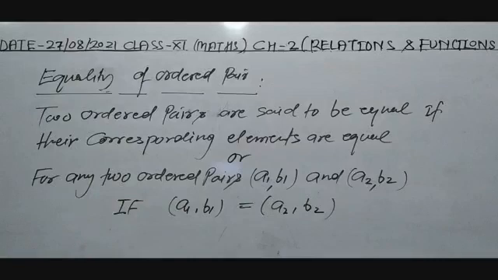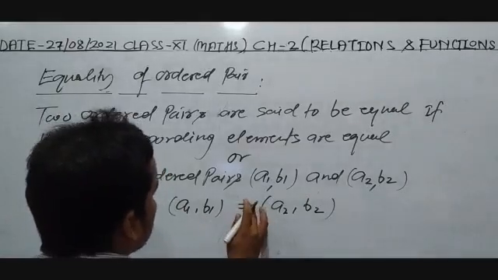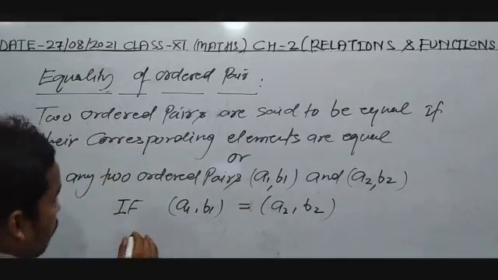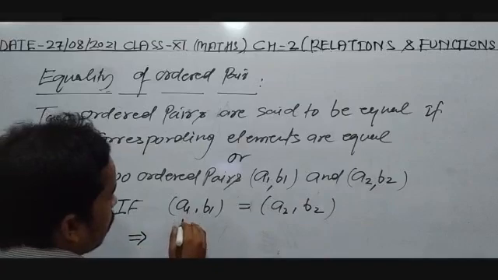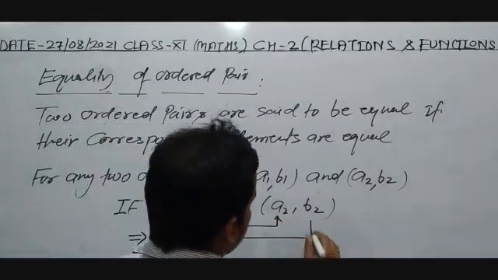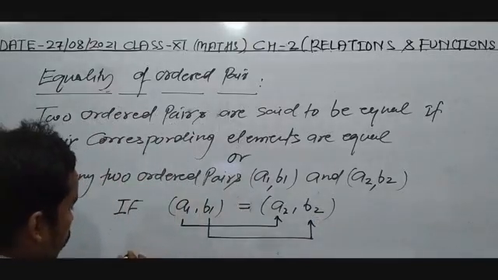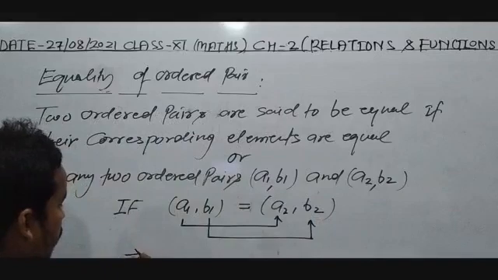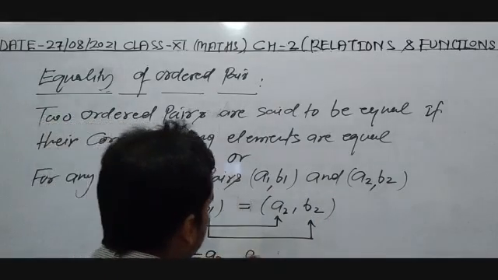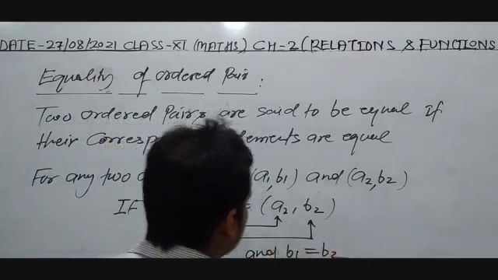then what can we say about this statement? This implies the abscissa elements will be equal and the ordinate elements will also be equal. So we can write A1 is equal to A2 and B1 is equal to B2.